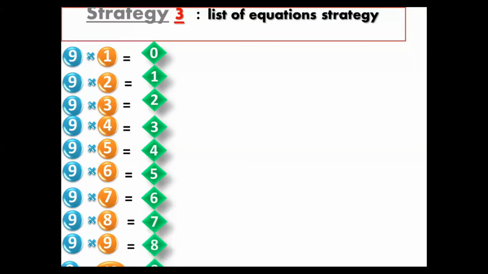And then we will rewrite these numbers again from 0 up to 9, but this time we will write them from down going up.